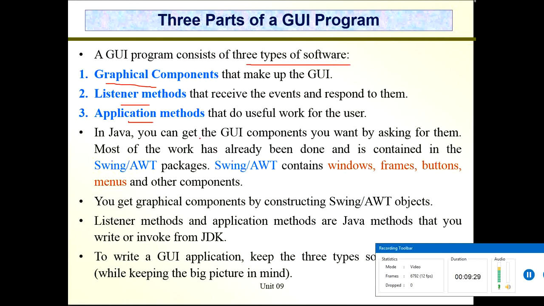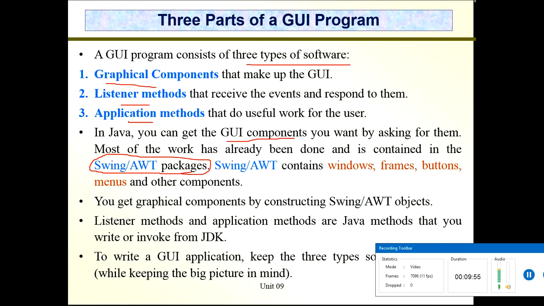Now coming to Java, how can you create the graphical user components? In Java, you can get most of the GUI components. Most of the work has already been done and is contained in the Swing and AWT packages. AWT stands for Abstract Window Toolkit. This is the package that we are going to use to create our Swing programs.